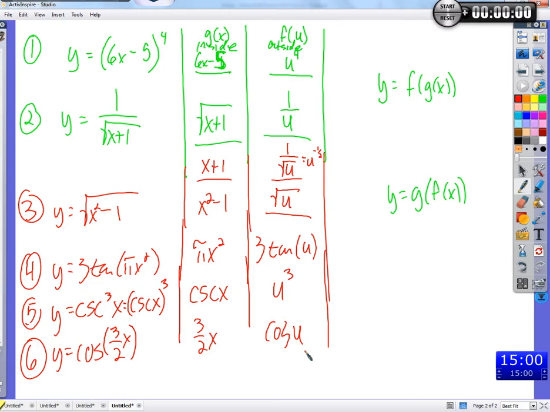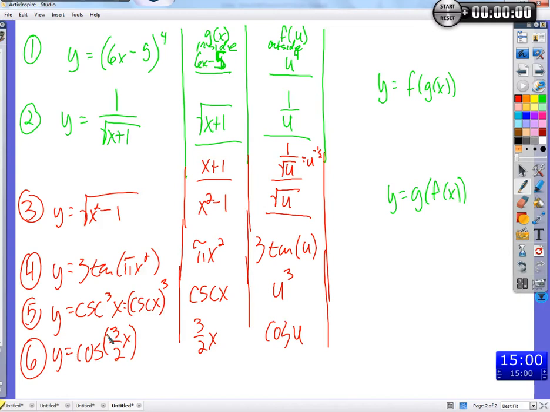For 5 and 6, I got the wrong answer. I thought that f of u was cosine of u divided by 2, and then g of x was 3x. Oh, yeah, the 3 halves x is inside the cosine function. The cosine of x over 2 is not the same as the cosine of x, the entire thing divided by 2.